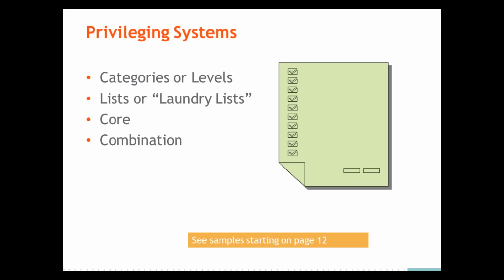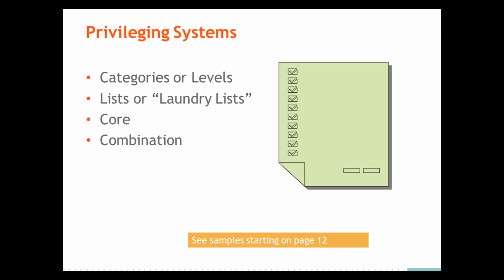You can use core privileges, where you define a core so that if someone completes a certain level of training, they can check one box and get everything included in that core. Or you can do any combination of the above. There are some samples included in your documents, and there's no one way of doing this. I've seen privilege forms put together in many different ways.